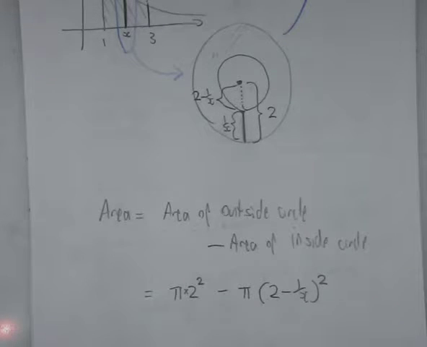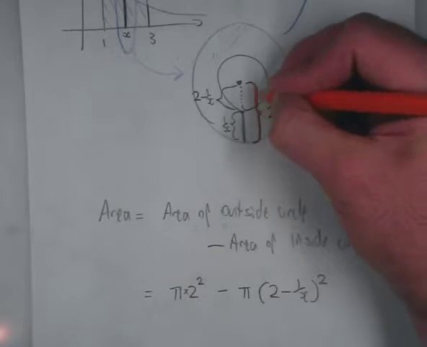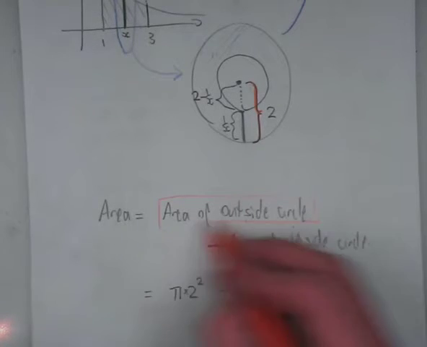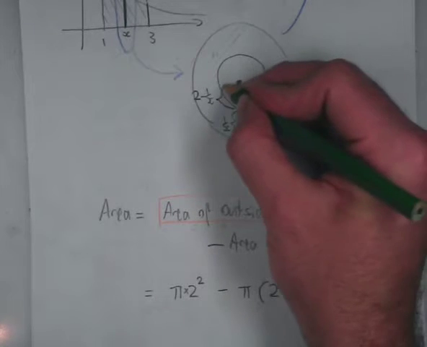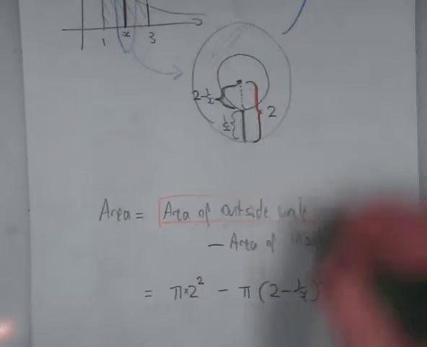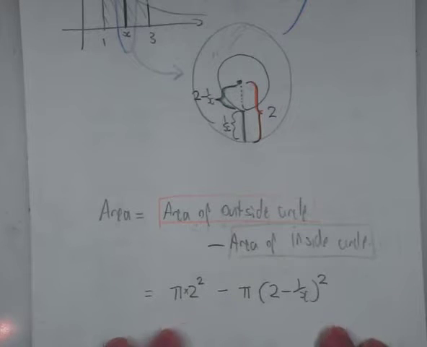So what I've used here is my area of my outside circle is this bit here, the orange bit, and the area of my inside circle is this bit here. Those two radiuses, or radii, produce the areas of the circle that I want. And this is what I integrate.